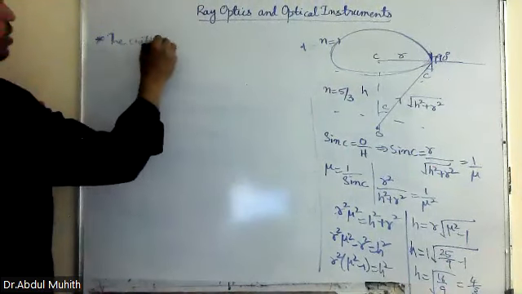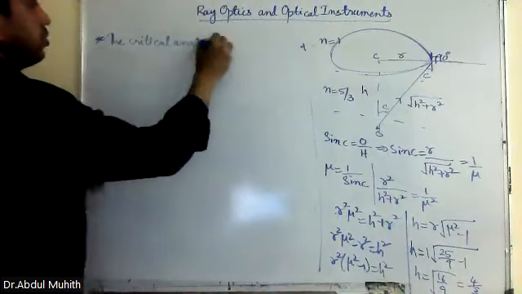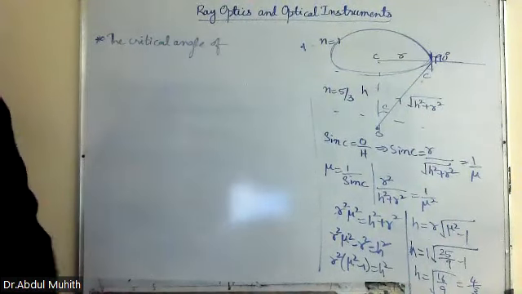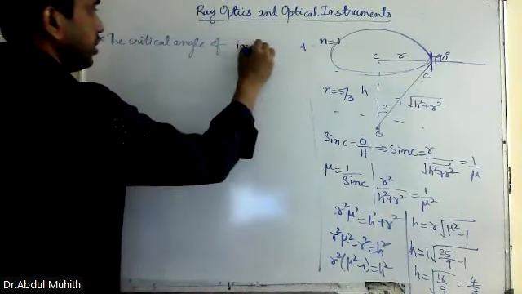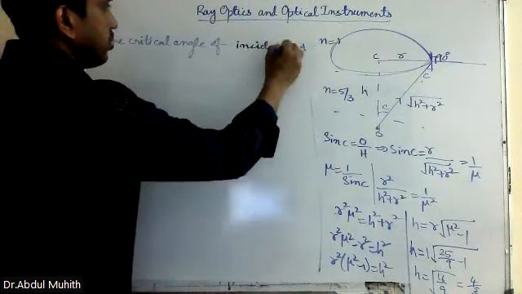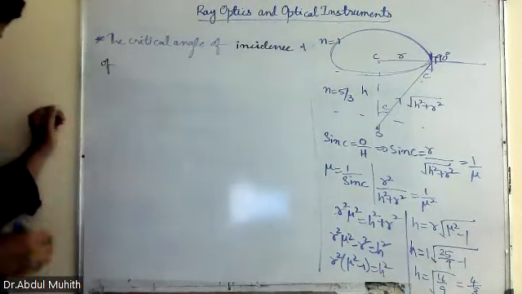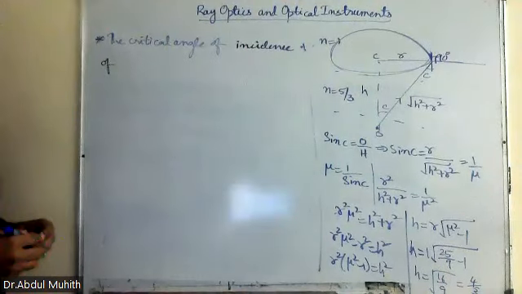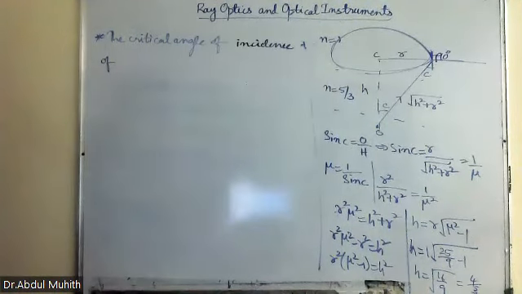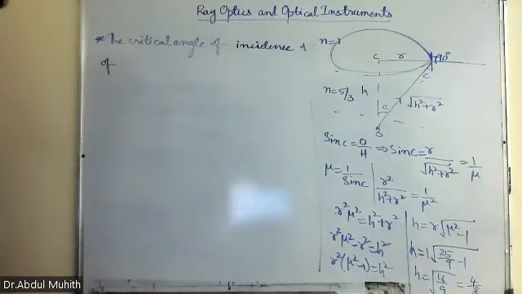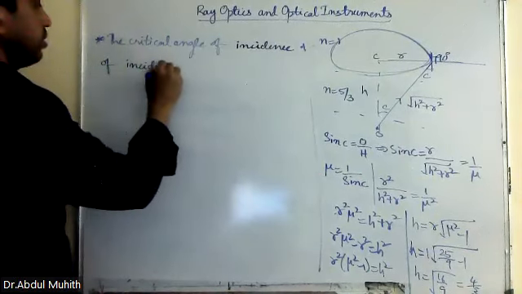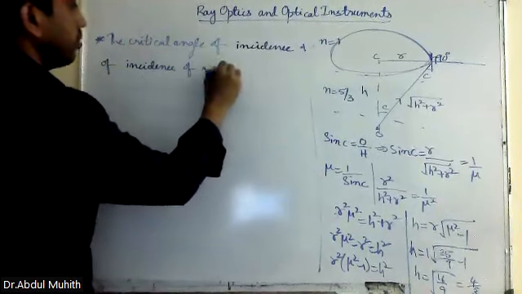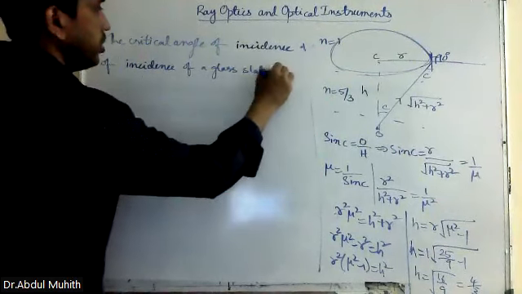The critical angle of incidence in a glass slab is 45 degrees.